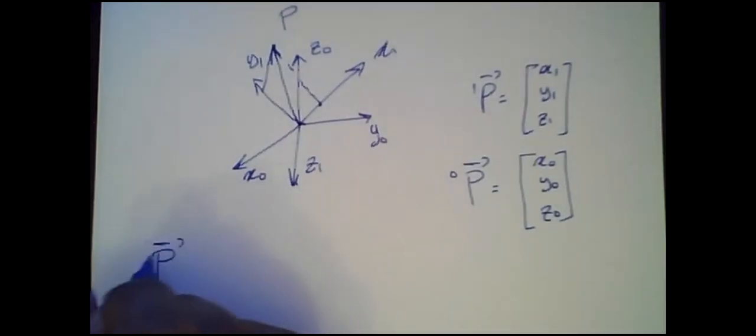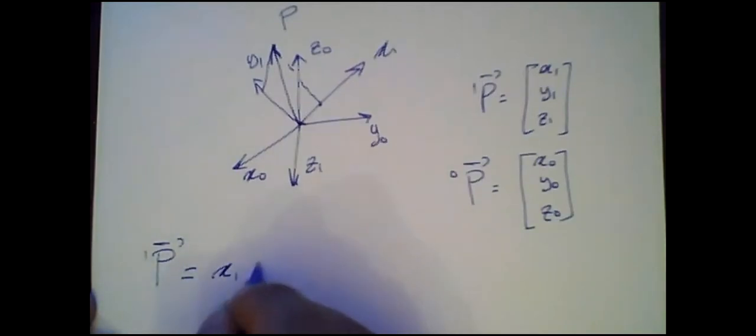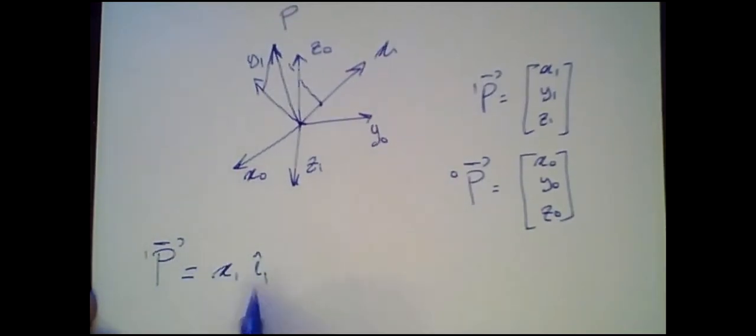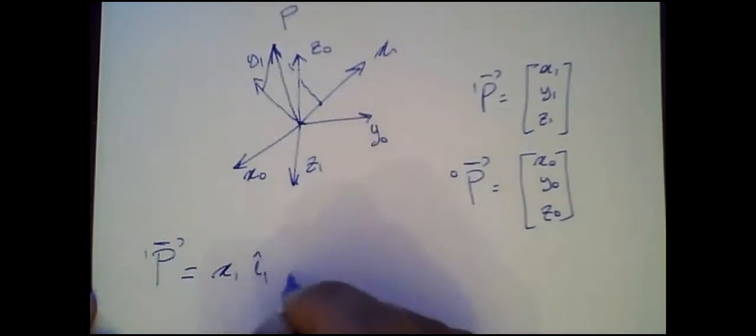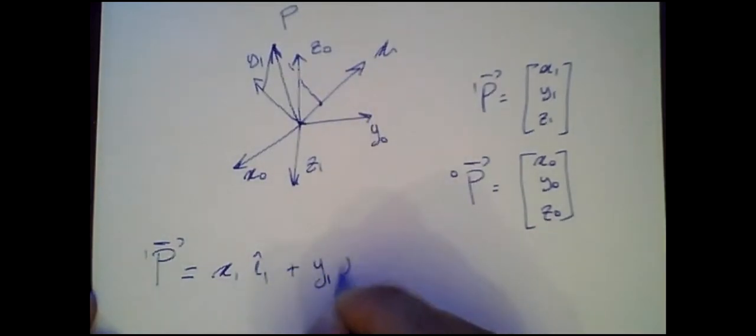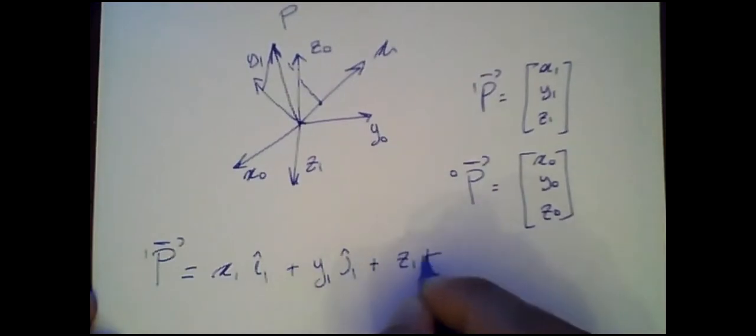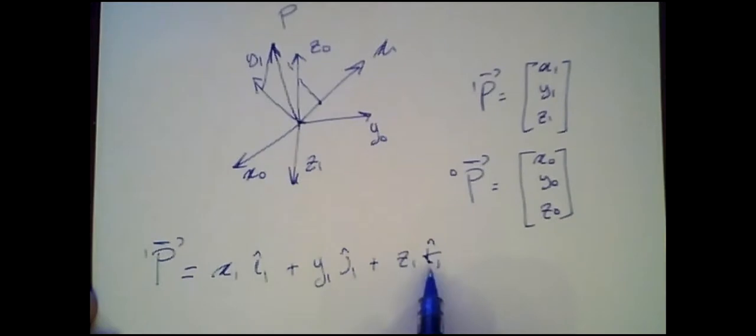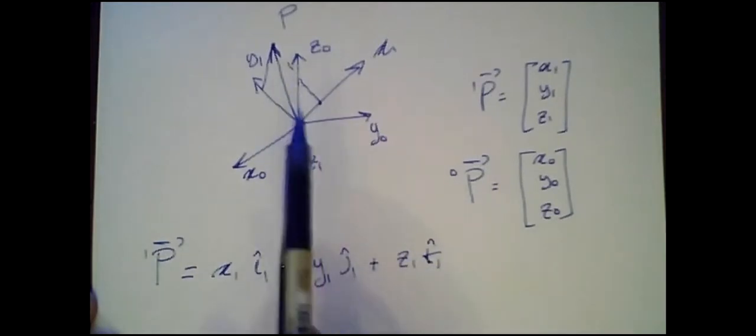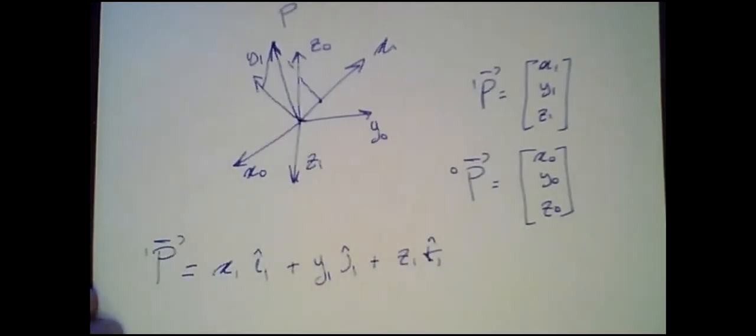So P1 is equal to x1 i1, where i1 is a unit vector along x1, plus y1 j1, plus z1 k1, where j1 and k1 are also unit vectors along the y1 and then the z1 axis.